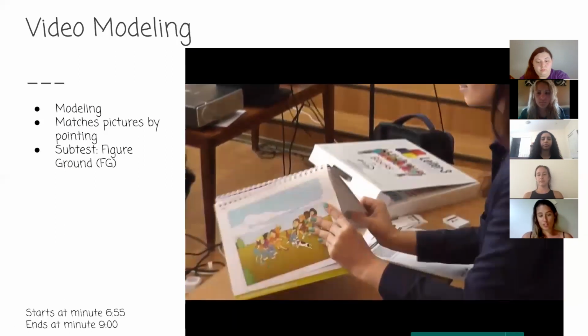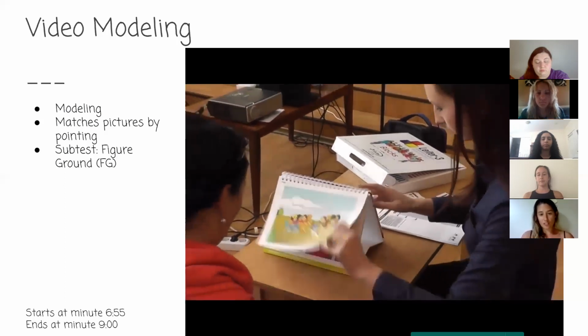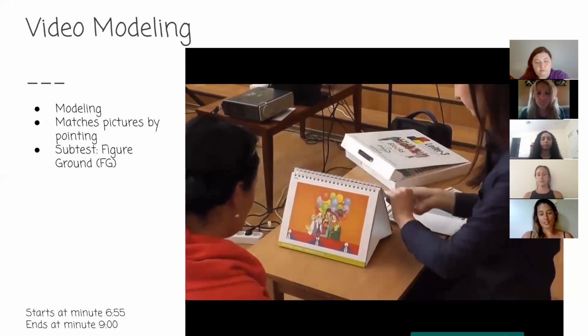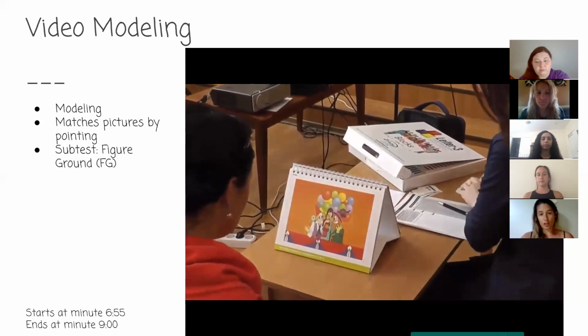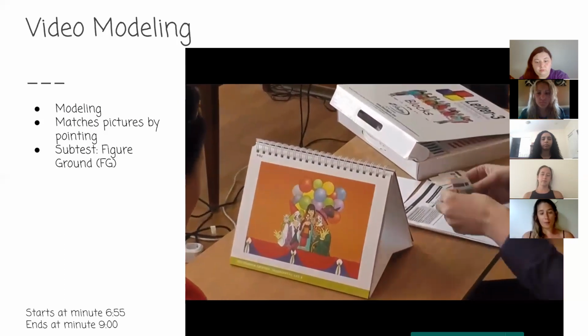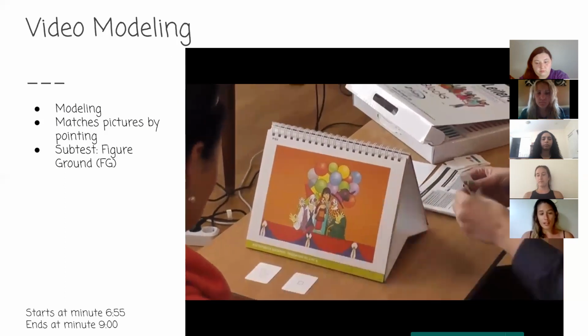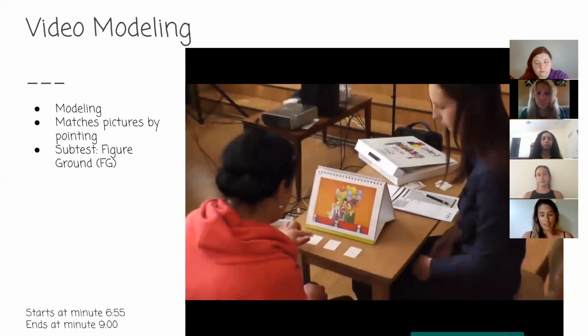Next, she's going to move on to another image, and she's going to give the test taker another set of cards and have her do the same thing. She's going to have her match the pictures up to the card. She's not giving any verbal directions. She already gave a modeling example of what was expected. It's still the figure ground subtest.